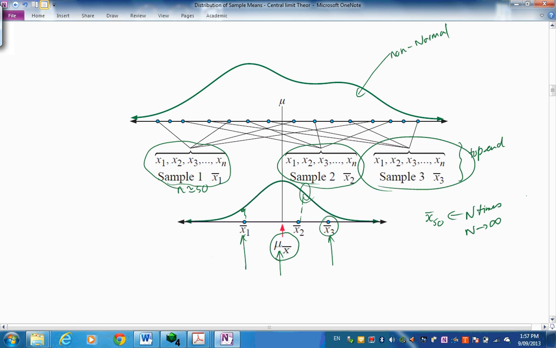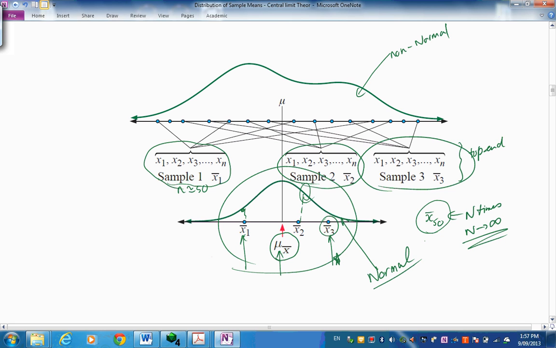We go and get 50 samples measured, find their mean, and get 1 point. Then we do it many, many times and we plot the overall results. Now all of those x bar 50s are going to end up giving us this sort of curve, a normal curve. We're not going to talk about why that's the case in this course, but to give you some idea.